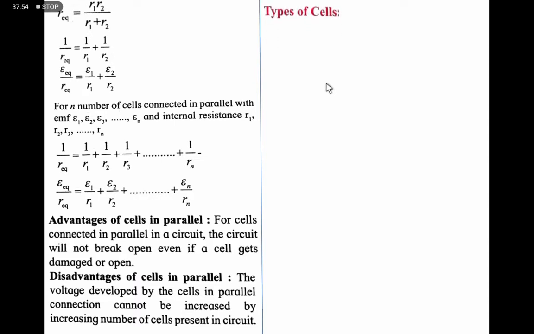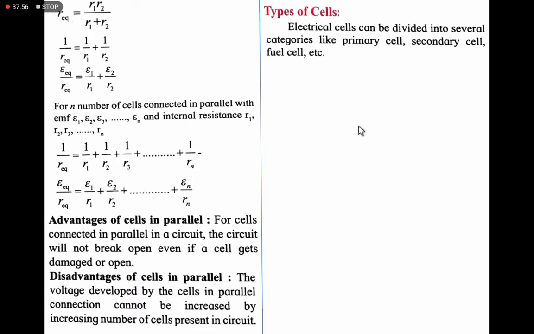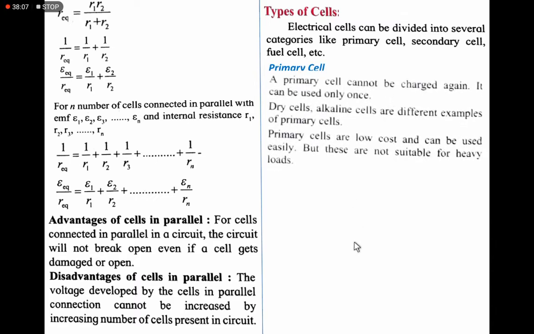Okay, types of cells. There are three types of cells in our syllabus: primary cell, secondary cell, and fuel cell. In brief, primary cells cannot be recharged. They can be used only once. Dry cells and alkaline cells are examples of primary cells. Primary cells are low cost and can be used easily, but they are not suitable for heavy loads.